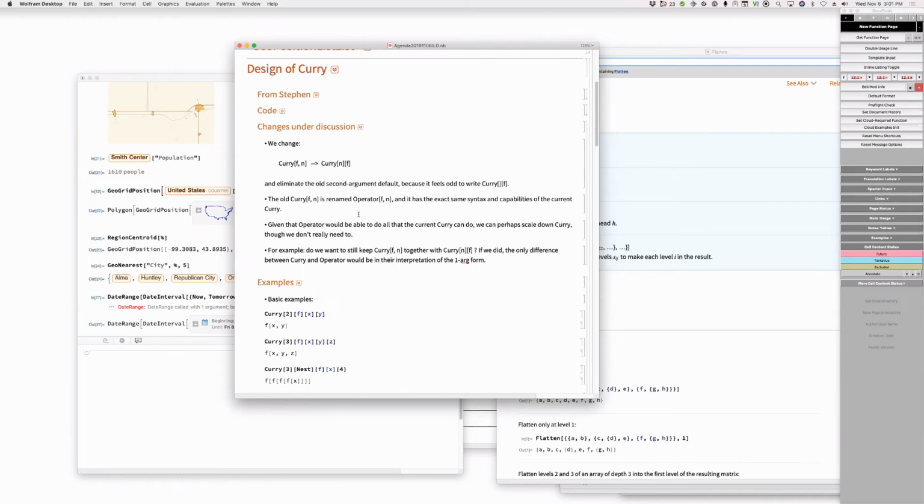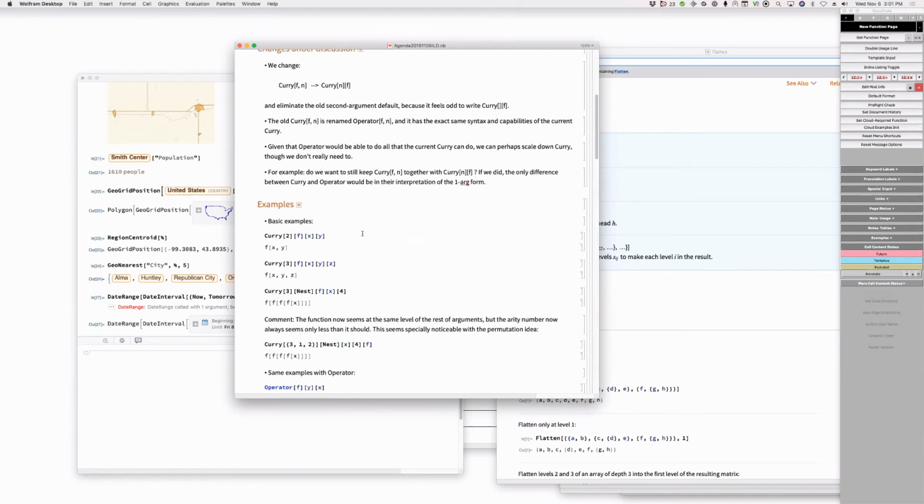Well, I don't think we need to scale down curry, but basically, the primary form of curry would be curried itself. That's one of the questions farther down. So in those two things, curry of f and curry of brackets and f, which one converts to the other one? I think following our standard approach of operator forms, the second should be an input for the first one.